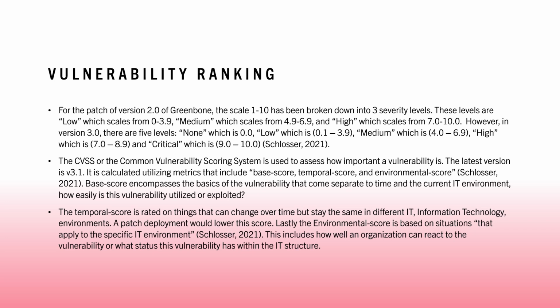The temporal score is rated on things that can change over time but stay the same in a different information technology environment. A patch deployment would lower this score. Lastly, the environmental score is based on situations that apply to the specific IT environment. This includes how well an organization can react to the vulnerability or what status this vulnerability has within the IT structure.